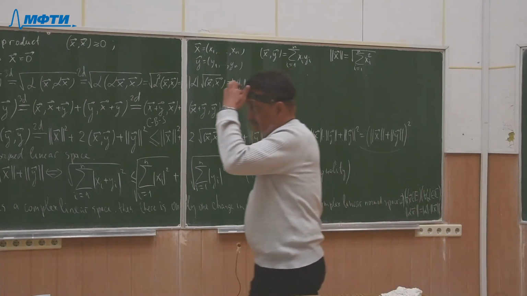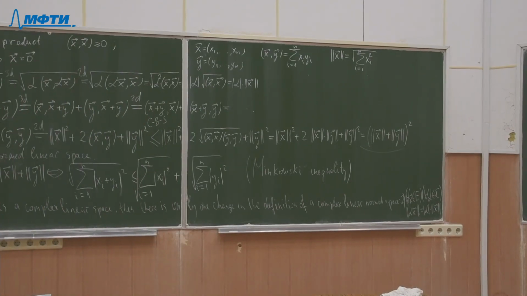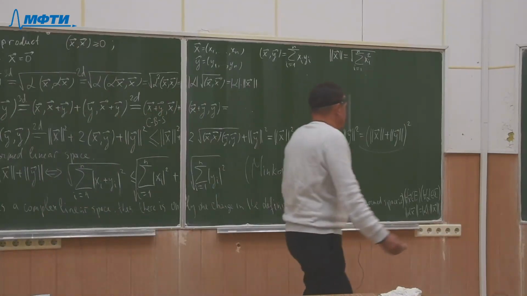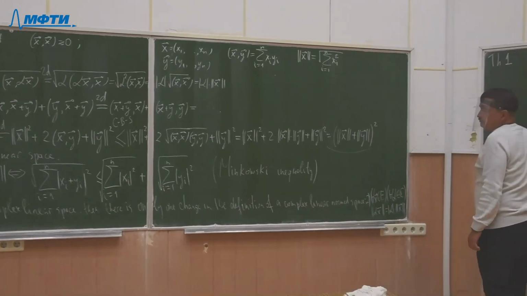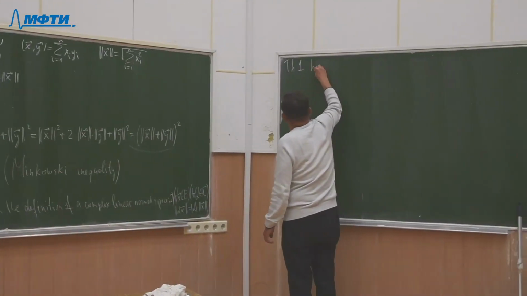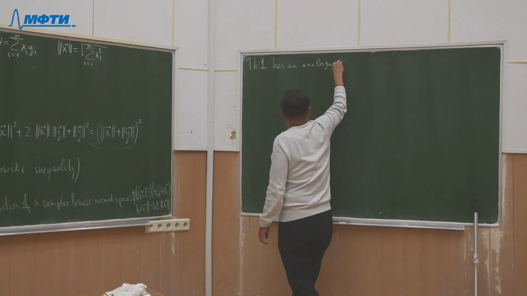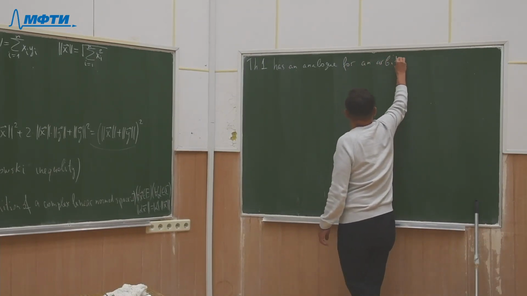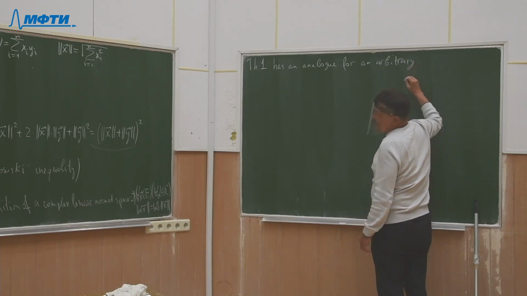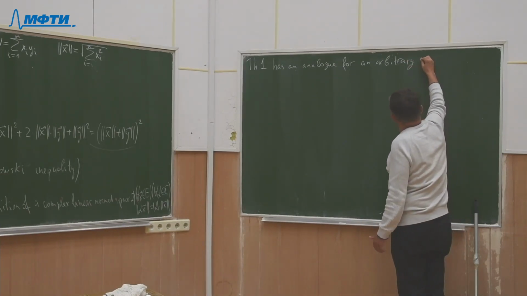Now look. So instead of theorem 1, that is a continuation of this remark, theorem 1 has an analog for an arbitrary complex Euclidean space, also called, let me recall, a unitary space.